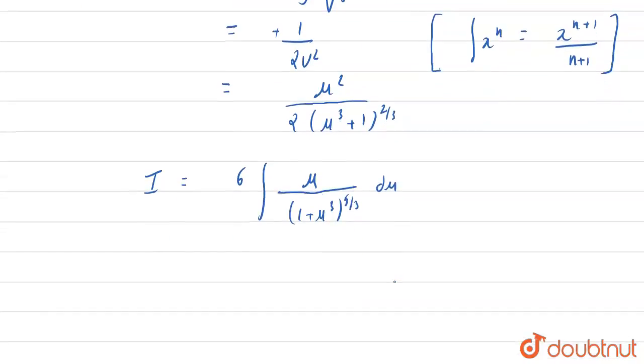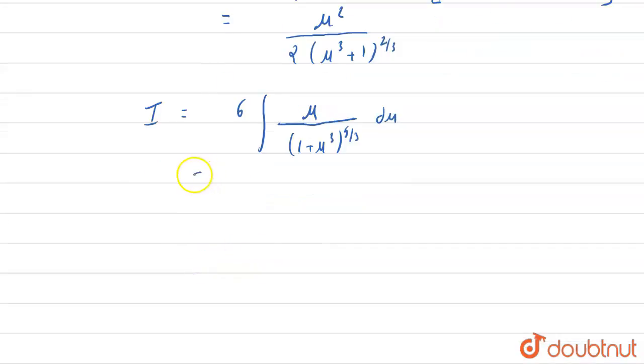Now we can change this by this, so 6 divided by 2, this is 3, and this term u square divided by (u cube plus 1), and its power is 2 by 3.